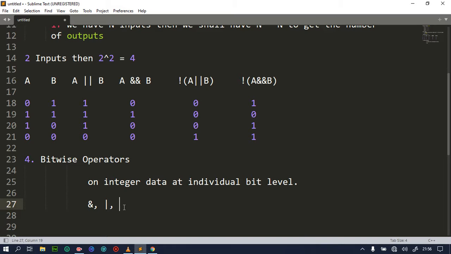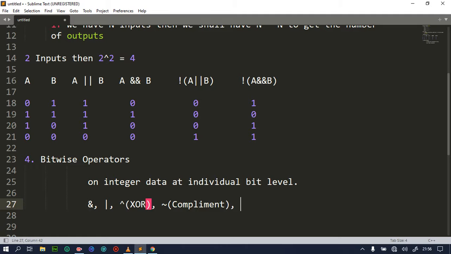Then we have a bitwise exclusive OR. This one is called exclusive OR, just to make life simple for you. Then we have a bitwise complement operator.